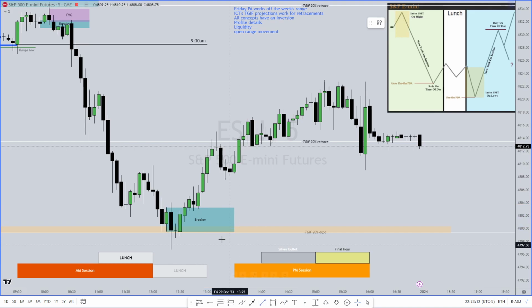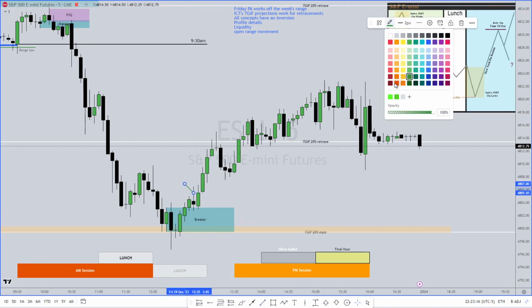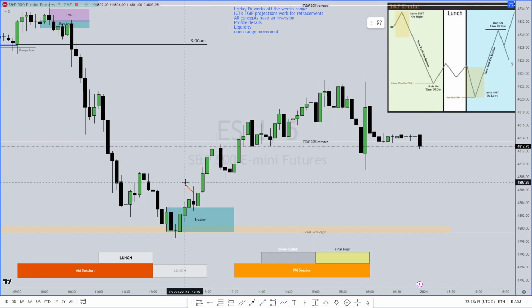So it's this candle that will be the one that will be retesting that breaker, and we start to push back out. So price comes back into the retrace level, which we're anticipating because of this fair value gap and this order block.